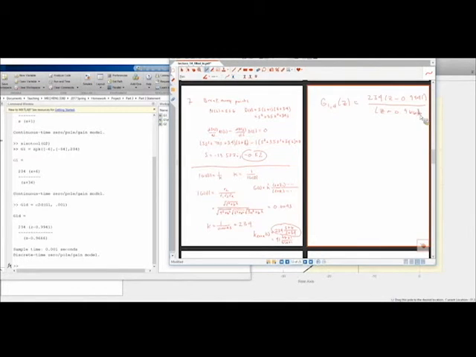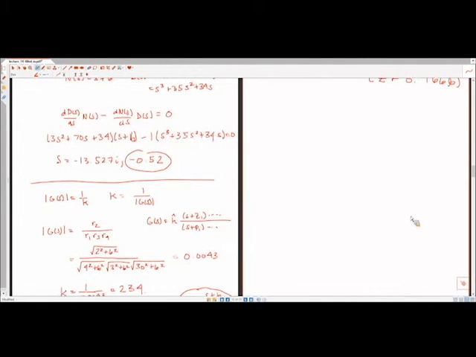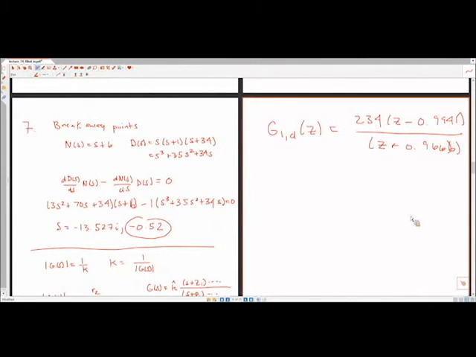I'm just copying down what's in MATLAB so we can show the correspondence between them. This is just transferring this into discrete time. Just like in continuous time, this is output, which is the input to the plant, over input, which is the error signal, right?